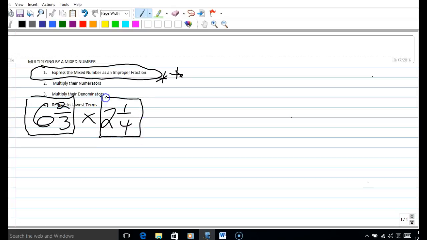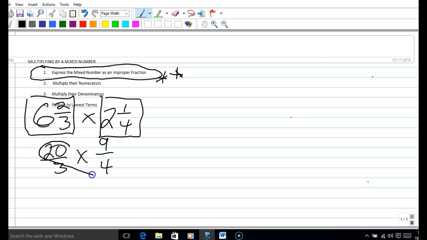So again, I have two mixed numbers, so I need to change each of those mixed numbers to an improper fraction. 6 times 3 is 18, plus 2 is 20, so this is 20 over 3, times 2 times 4 is 8, plus 1 is 9, so that's 9 over 4.